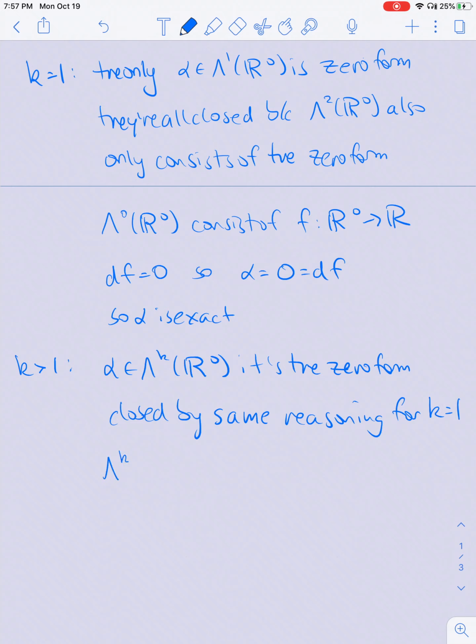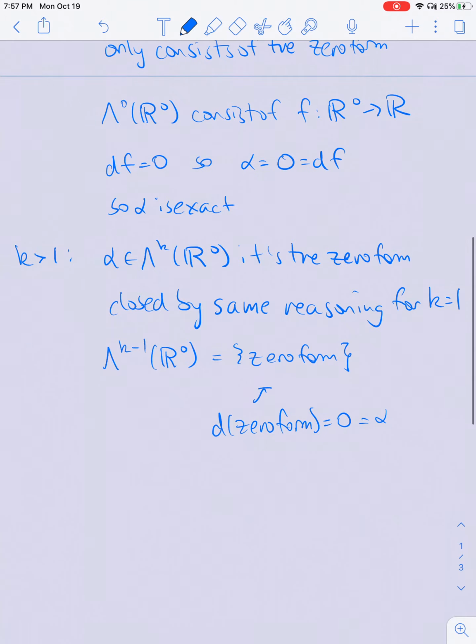And the k minus 1 forms on R0 consist only of the 0 form. Because the 0 form doesn't vary, d of the 0 form is equal to the 0 form, but that's all I have to worry about, right? Alpha is the 0 form. Okay, so that's our base case for our induction.